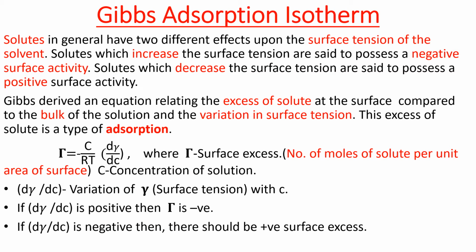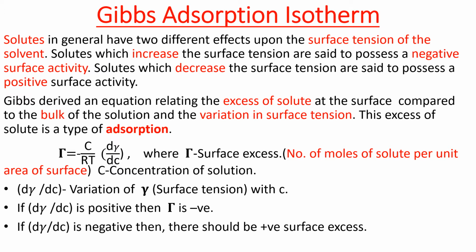Our first topic is Gibbs adsorption isotherm. Solutes in general have two different effects upon the surface tension of the solvent. So, depending upon the surface tension of the solvent, we differentiate solutes into two types. Certain solutes which increase the surface tension are said to possess a negative surface activity.